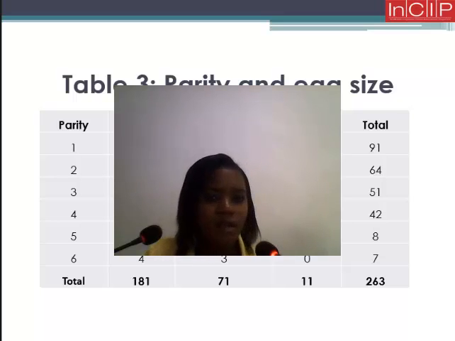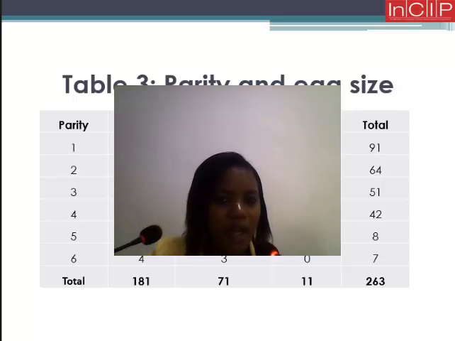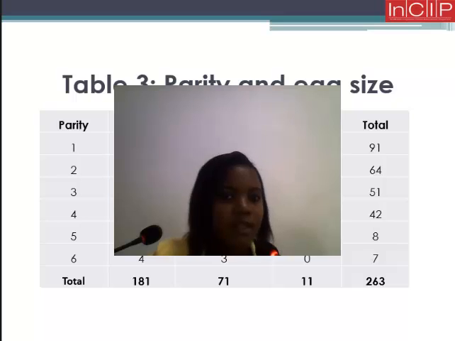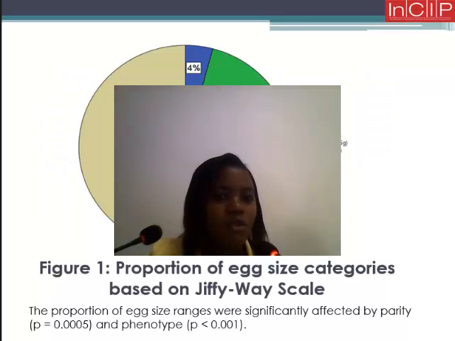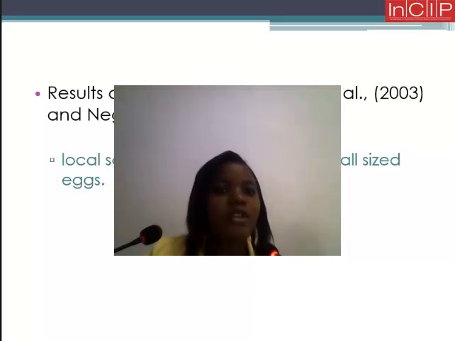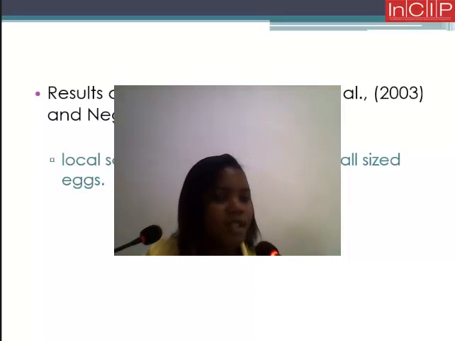And it was observed that parity affected egg size, but regardless of parity, we can see that the majority of the eggs that were laid were small, followed by medium, and then the smallest proportion was large. So that simply shows the proportion of egg size categories. These results are in line with Agnesh and Negus, who said that local scavenging hens produce small size eggs.